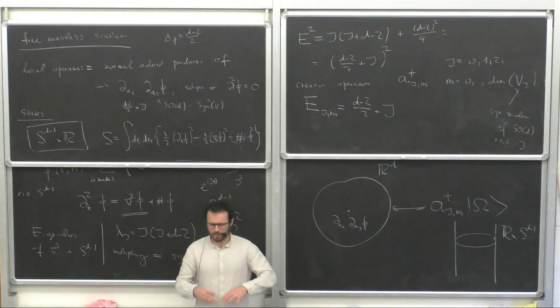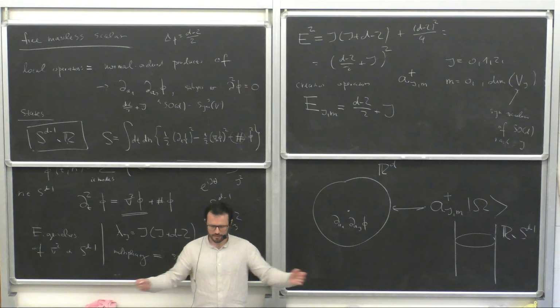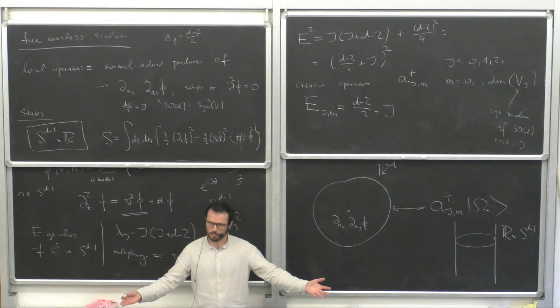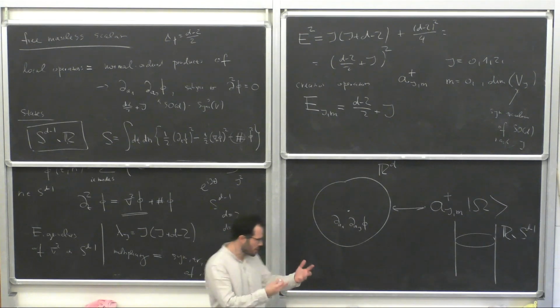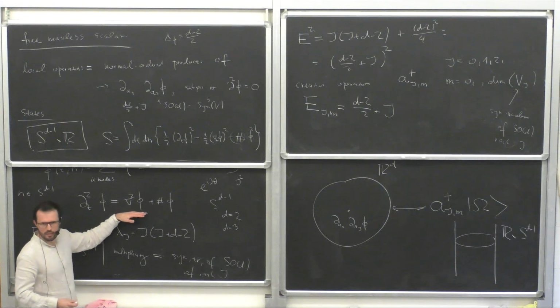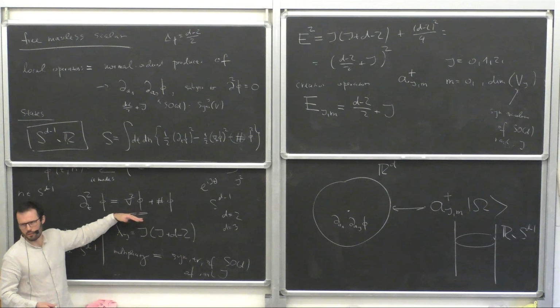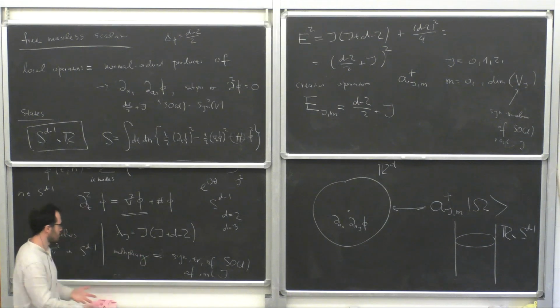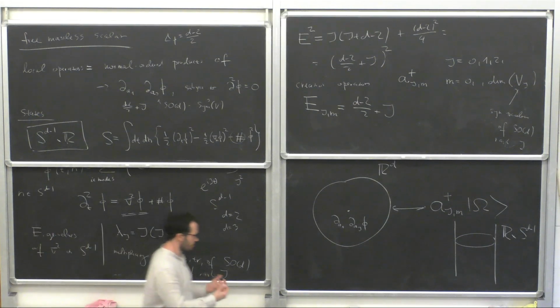Usually we do this in a QFT course in flat space, so the set of modes is infinite, labeled by the spatial momentum. In this case, instead of spatial momentum, we have a discrete set of modes, which are the solutions of the Laplace operator on a compact geometry. And what is the discrete set? Well, it's labeled by two integers.